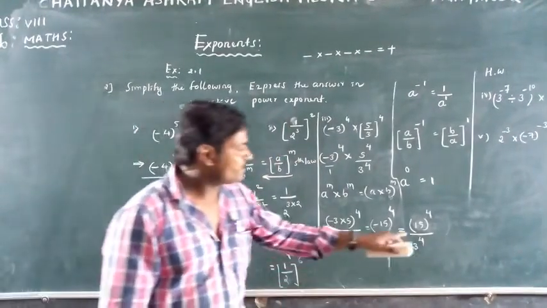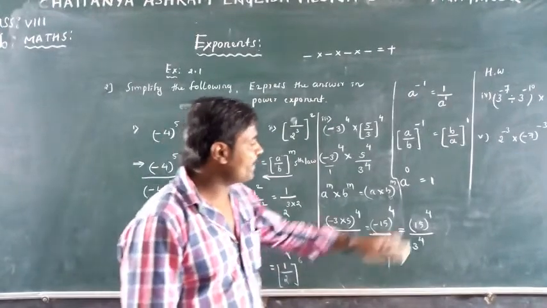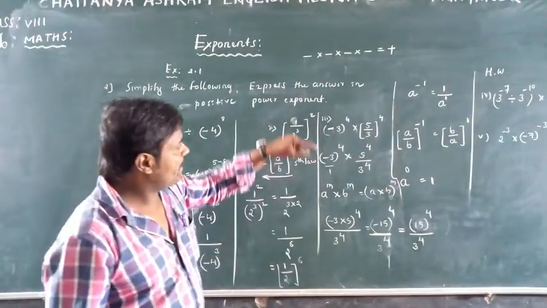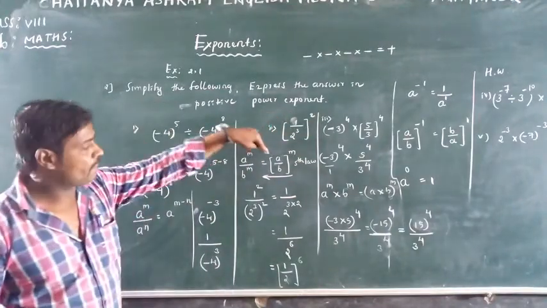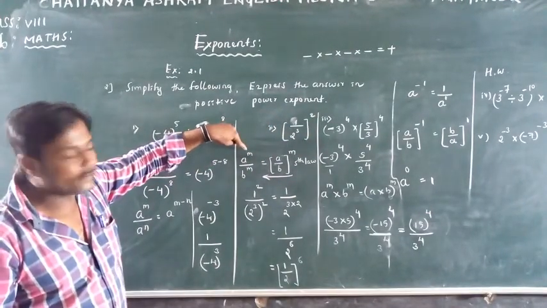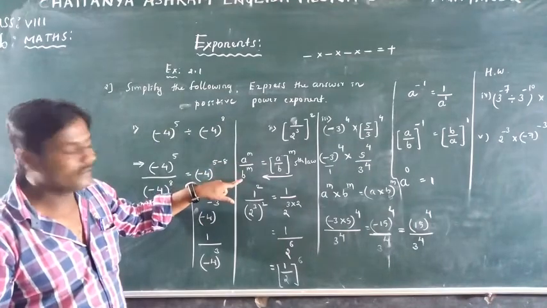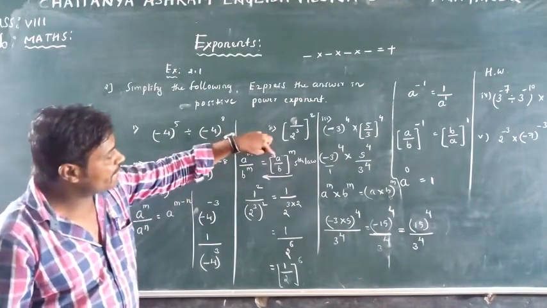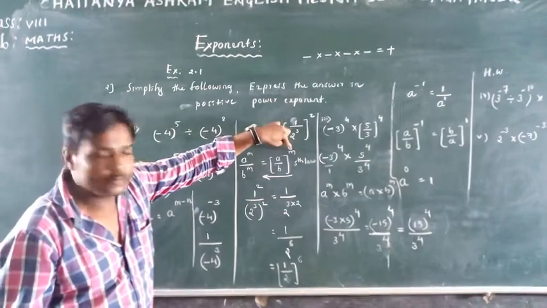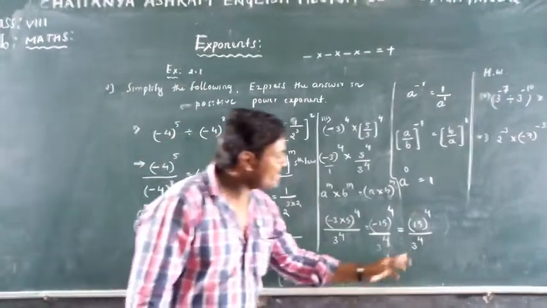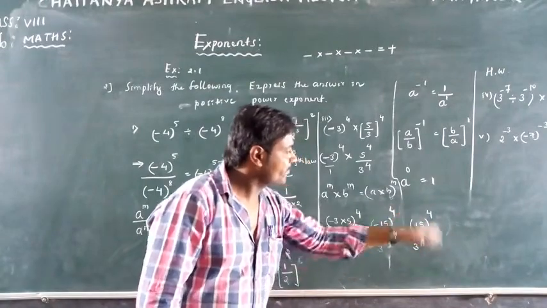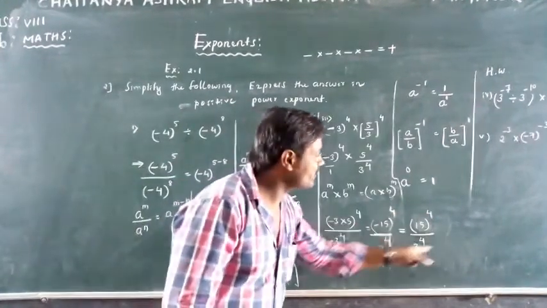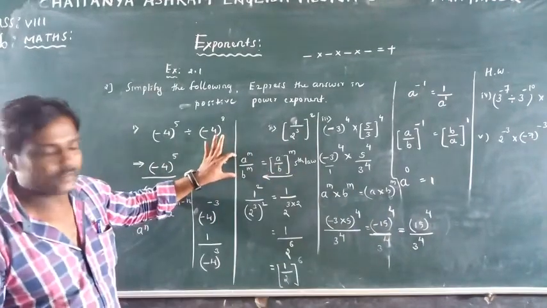Clear? Again, how to simplify this? Observe here. See this formula: a raised to the power m divided by b raised to the power m is the same as a by b raised to the power m. This also looks like the second law of exponents.